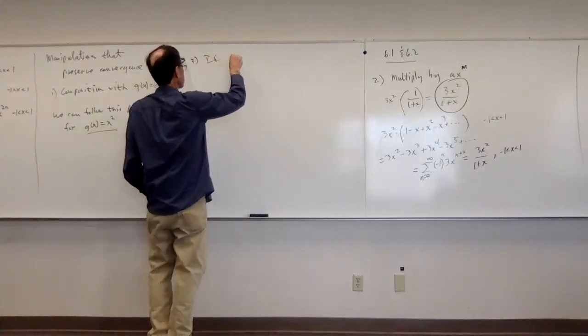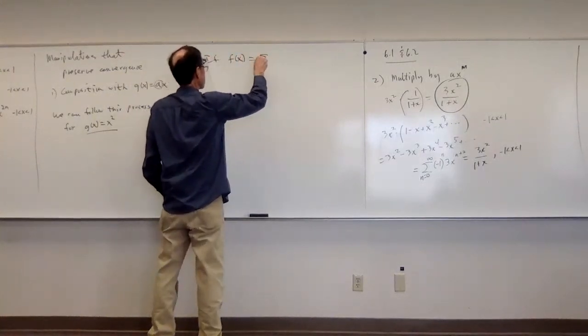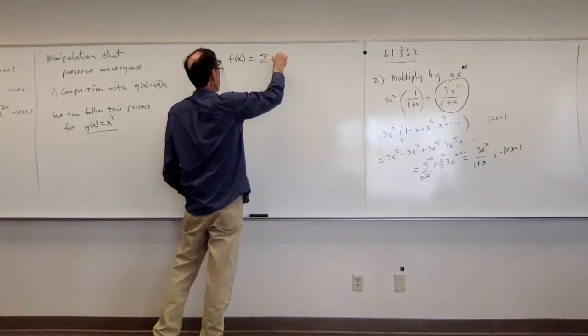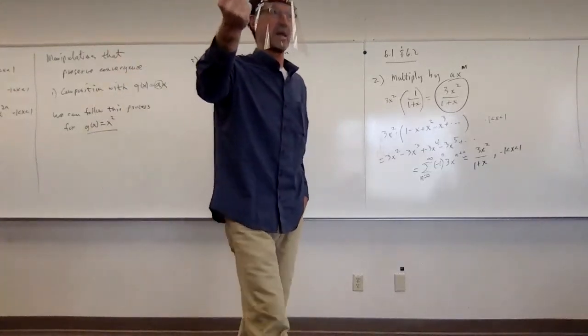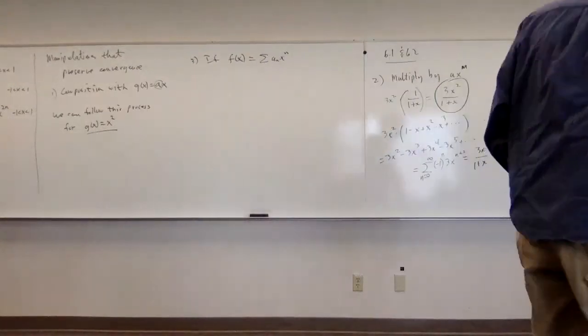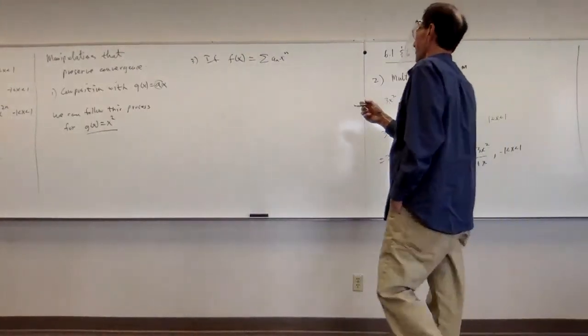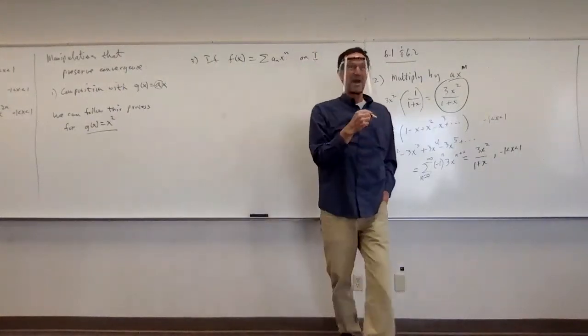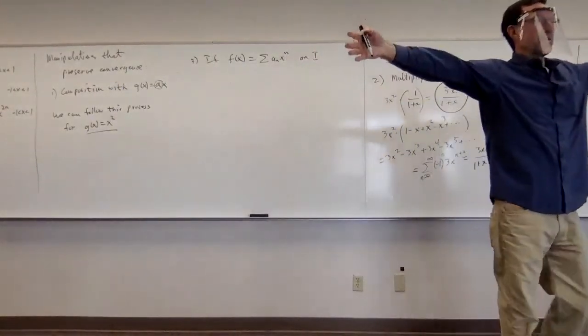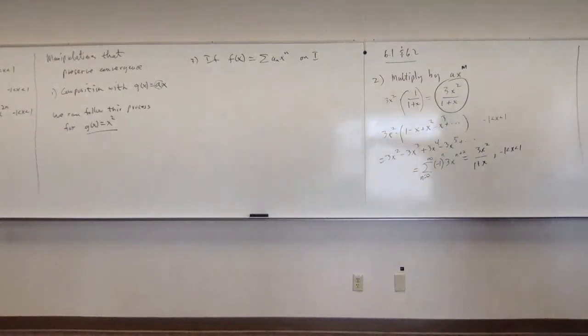If f of x equals summation a(n) x to the n, so I found a power series that converges to f on an interval. I'll just say on I, it's an interval. We know it's centered at 0, right? Because we learned on Wednesday that power series converge on these symmetric intervals, or all real numbers possibly.